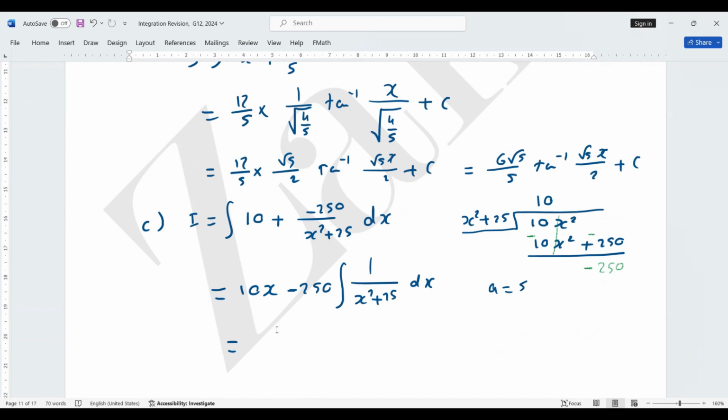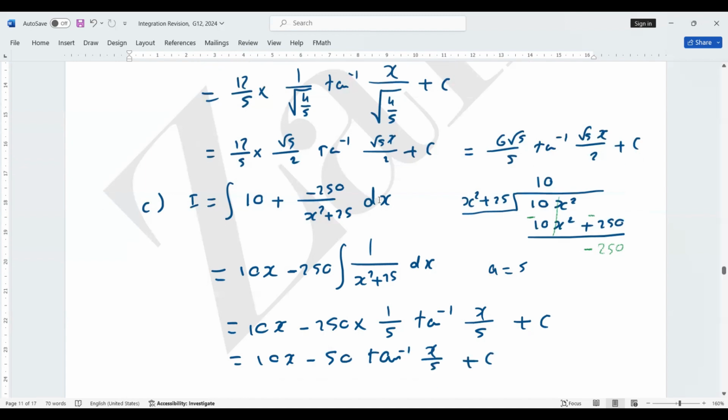Then the final answer is 10x minus 250 multiplied by 1 over a, 1 over 5, arctan x over a, x over 5. More simplified, 10x minus 50 tan inverse x over 5 plus constant. Okay, guys?